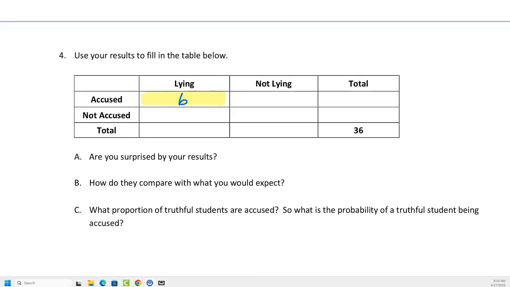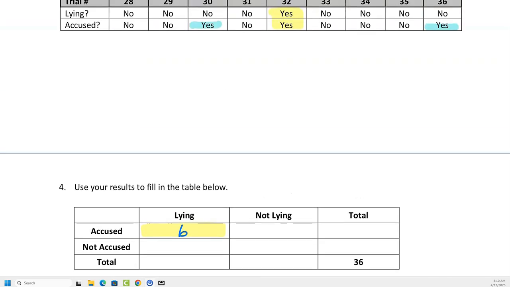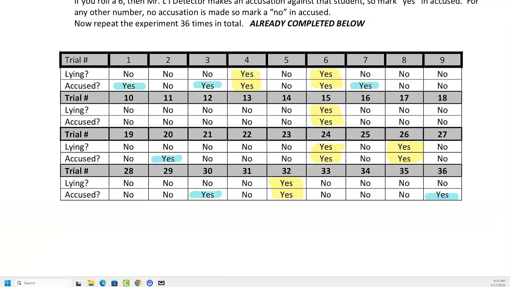Okay, and then let's go back and figure out the number of times that they were not lying, but they were accused. So I know I have 1 time here, 2, 3, 4, 5, and 6.